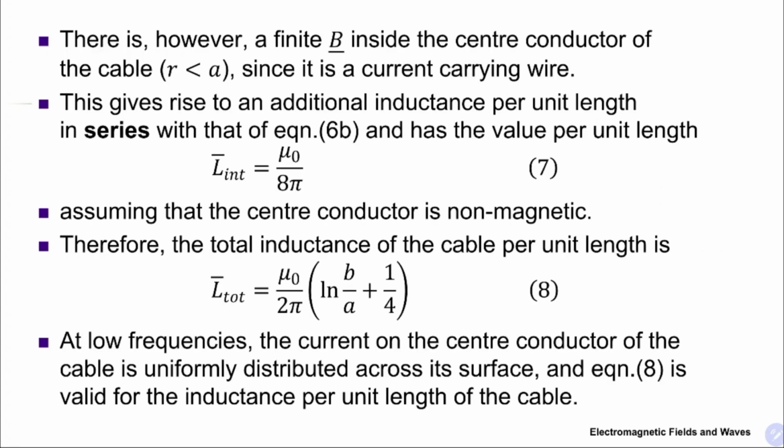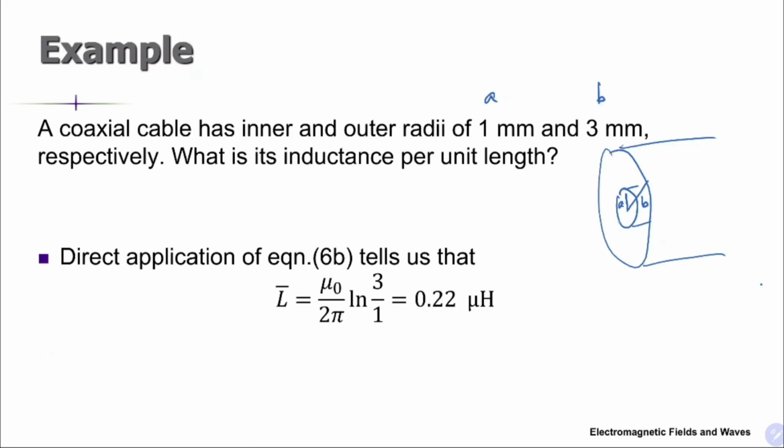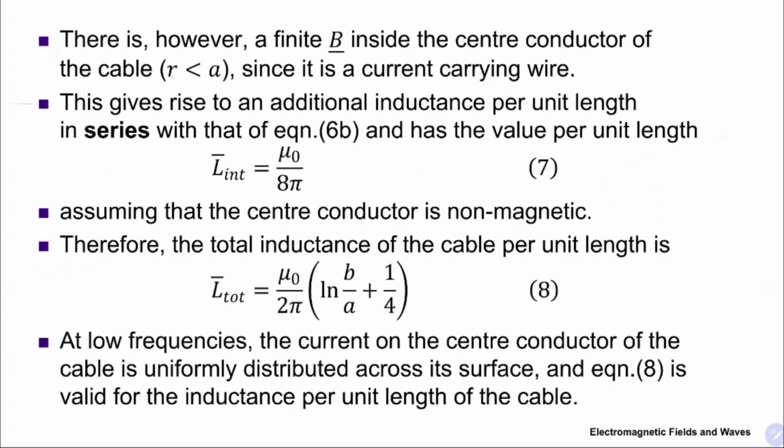Remember when we talked about the long wire, in the case of coaxial, we have the core or the inner conductor. There's also magnetic flux in that wire. So for radius r smaller than a, there's also magnetic flux inside the center conductor, and therefore there is also a contribution to self-inductance, which gives rise to an additional mu naught over 8 pi.